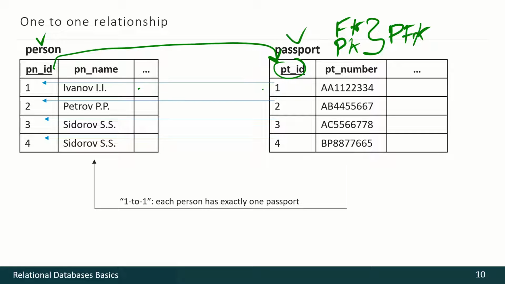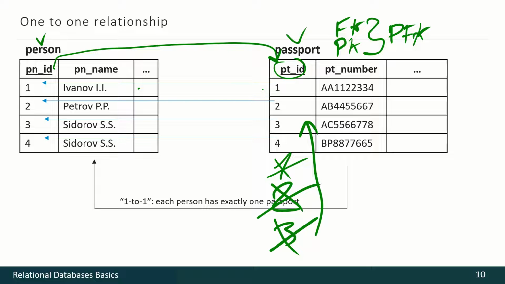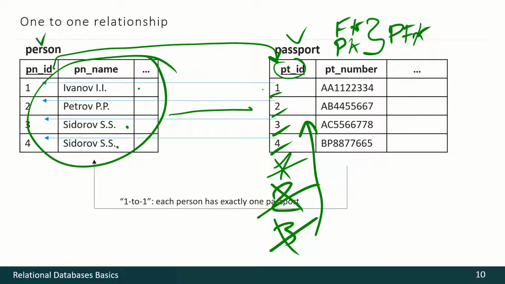So we cannot add another 1, another 2, another 3 and any other value here, because we already have them here. We cannot add duplications here. And that's why each record from this parent relation may be related to only one record from this child relation.